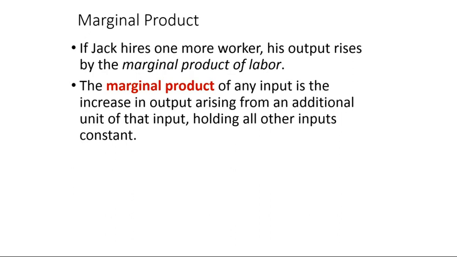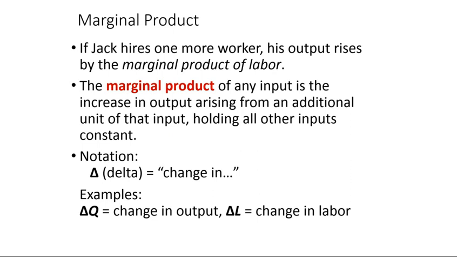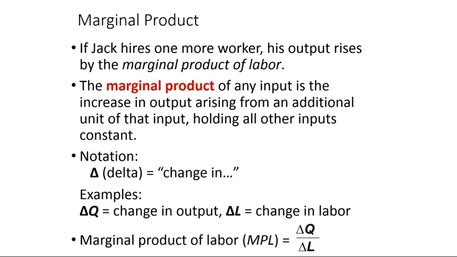I'm going to use the Greek letter delta here to denote change in. So delta Q is the change in quantity, delta L is the change in labor utilized, and the marginal product of labor is just the ratio of those two things: delta Q divided by delta L.